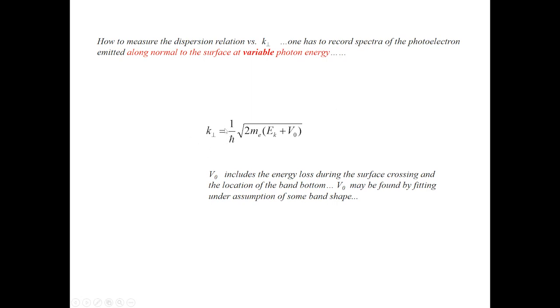In other words, you can reconstruct this perpendicular momentum, where this V0 includes the energy loss during the surface crossing and also the location of the band bottom. It's a little bit complicated, but it's not that important at this moment.